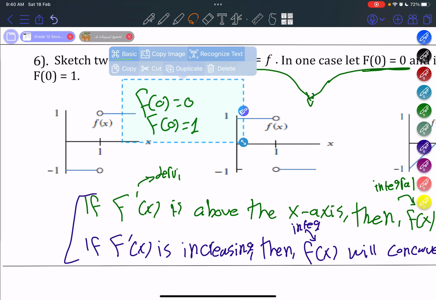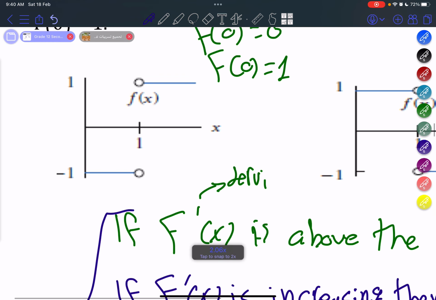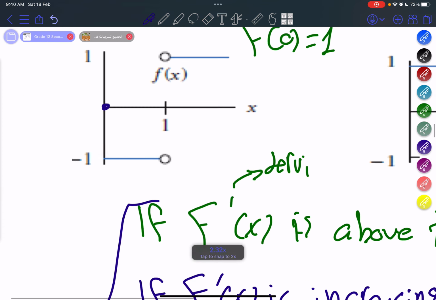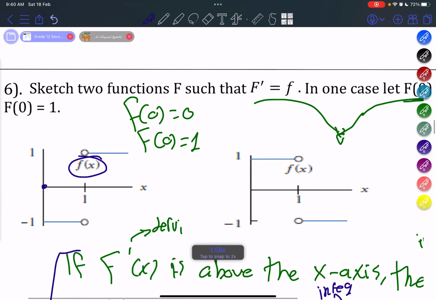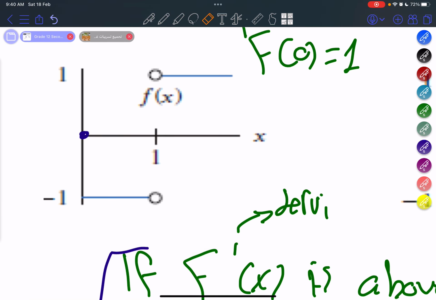So let's start solving each question. We will start with our first initial condition, f of 0 equals 0. So we'll start from 0. And here we see that they've given us f of x as the derivative. So we see that the derivative function is under the x-axis.